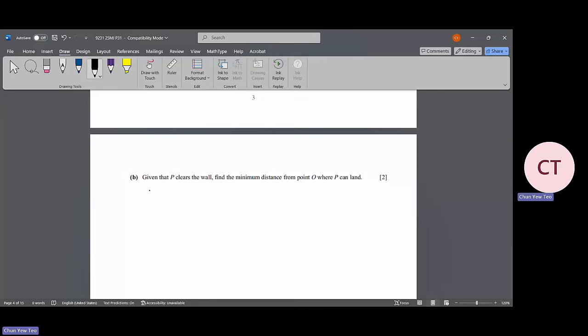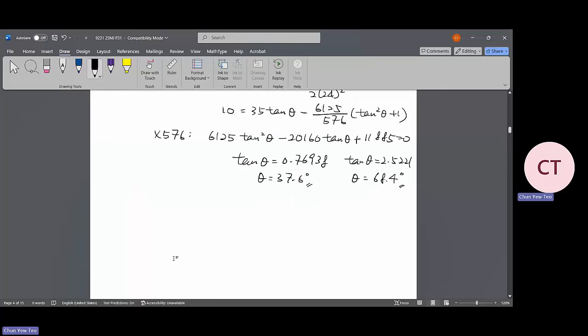Okay, so we just say find the minimum distance from the point O. So for minimum distance, your tangent theta must equal 2.5221.